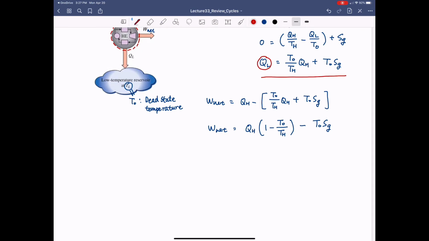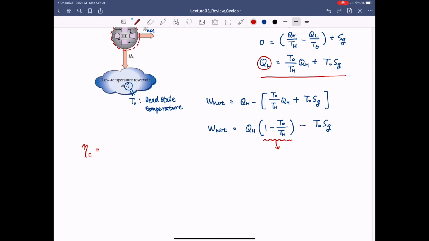And if you look at this term, 1 minus T naught over TH, that is actually the thermal efficiency of the Carnot cycle. Okay? So please read the lecture note where I discussed the Carnot cycle. And from that lecture note, what I can see is the Carnot cycle efficiency.